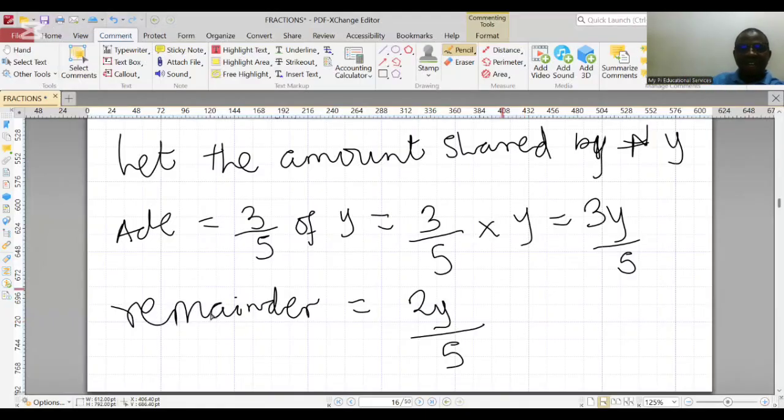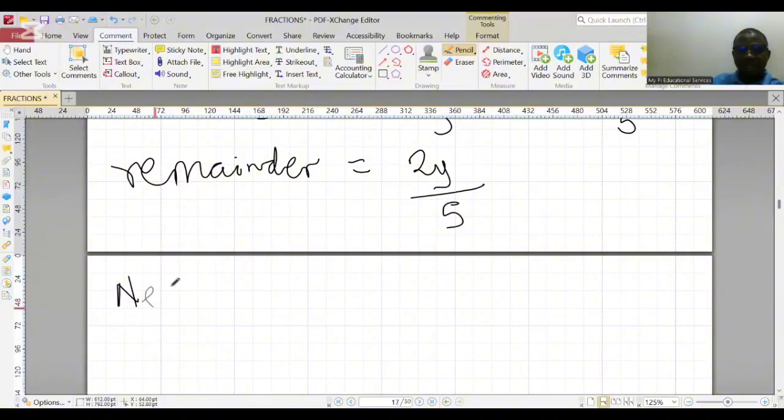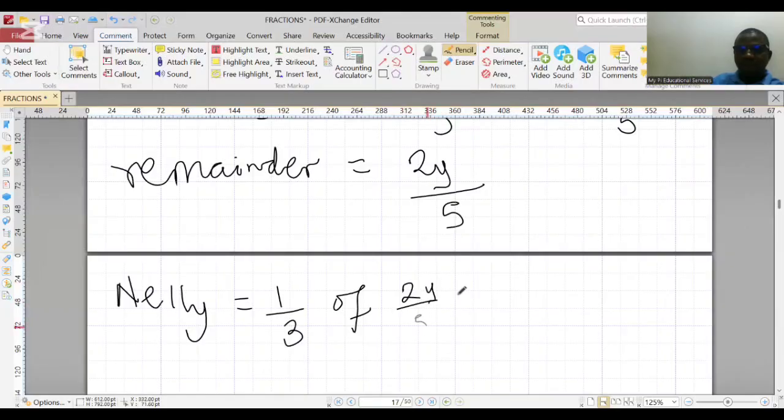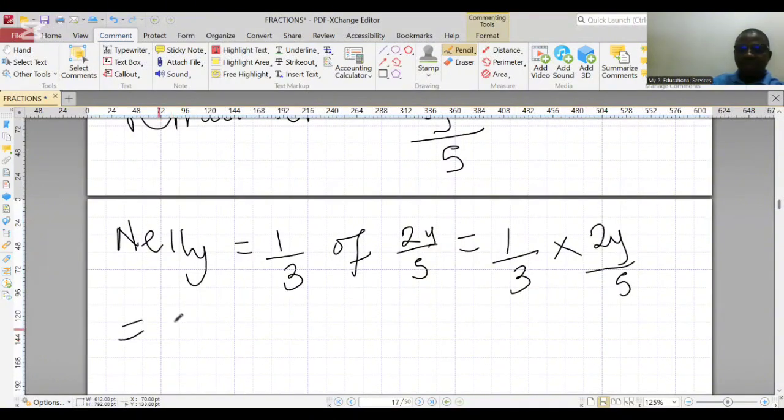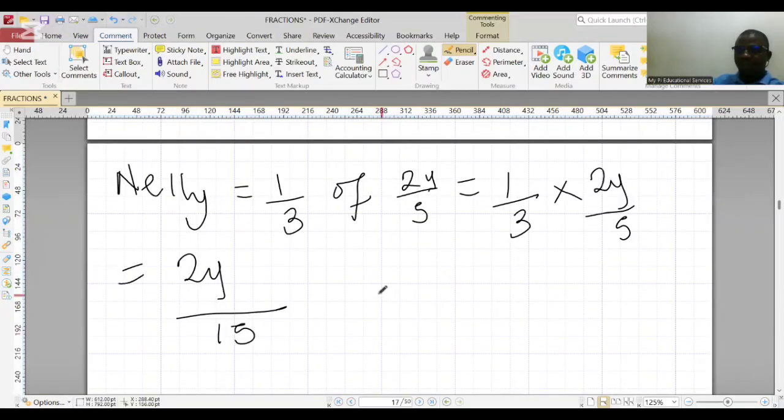So then Nelly received 1 out of 3 of this remainder of 2Y out of 5. So which means Nelly will receive 1 out of 3 times 2Y out of 5. And that will give us 2Y out of 15.